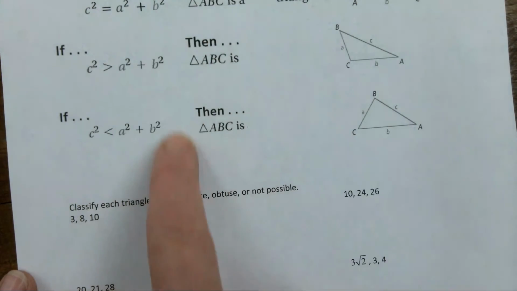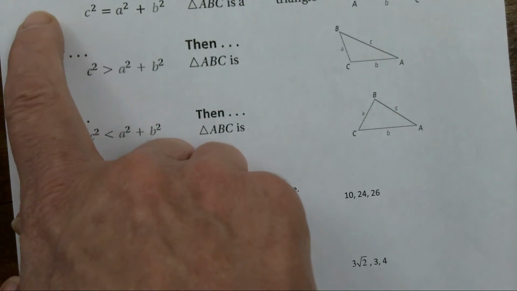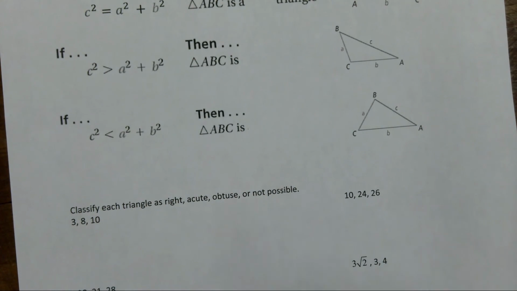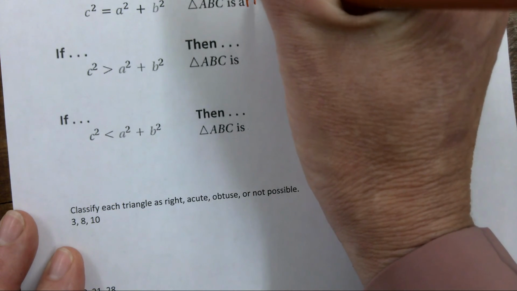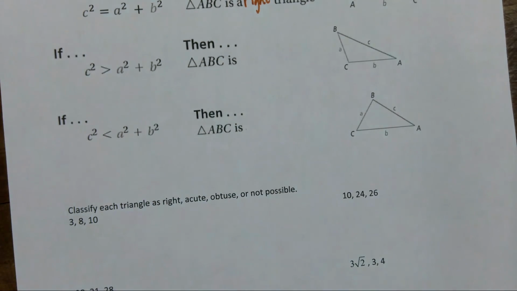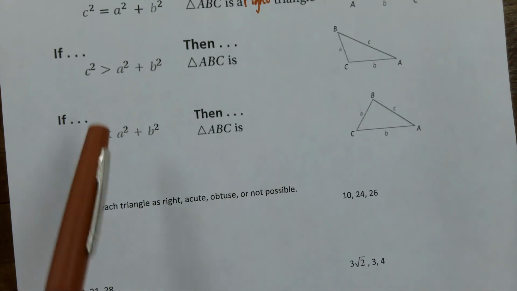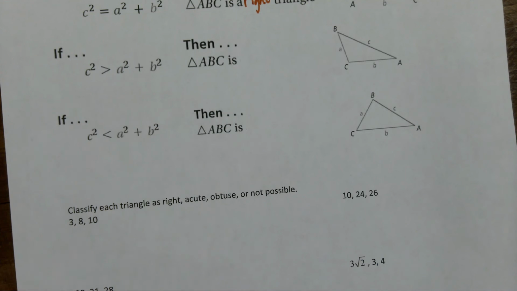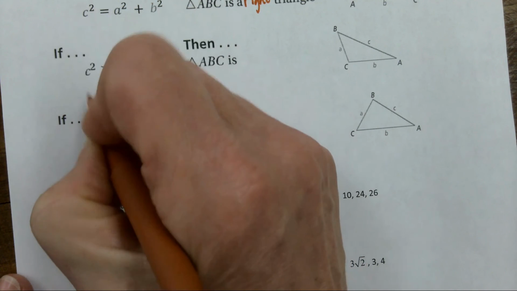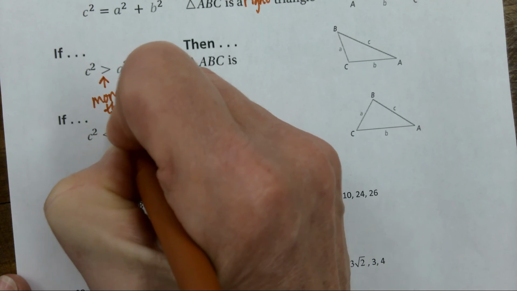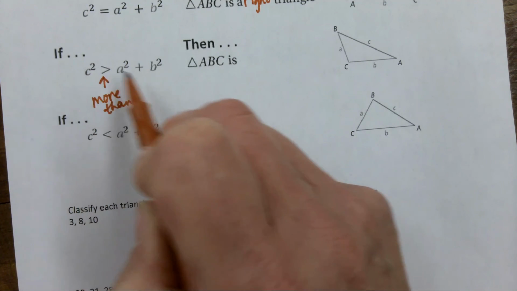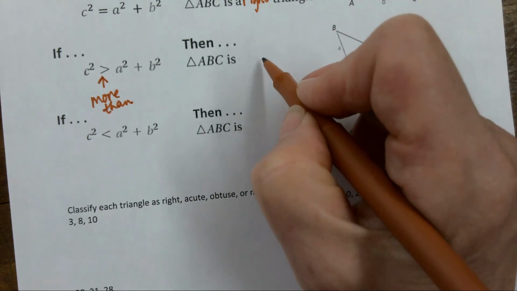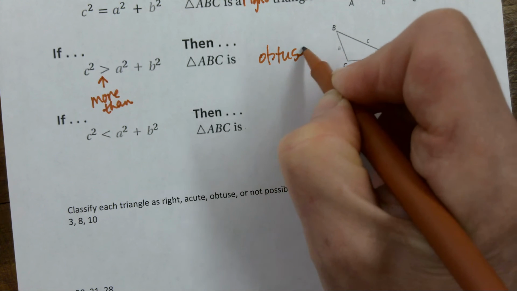And so if you look at our next statement, if c squared equals a squared plus b squared, we know that the triangle is a right triangle. But if c squared ends up being larger than, this means more than, greater than, the sum of a squared plus b squared, then we end up with an obtuse triangle.